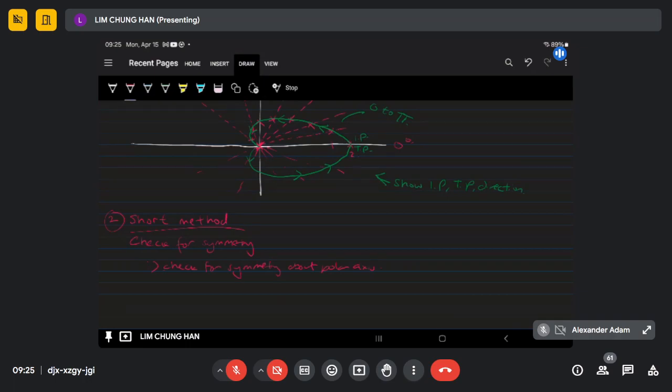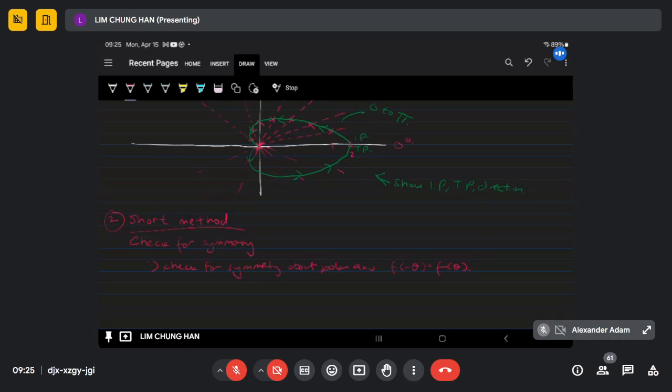This is where you check that negative theta is equal to positive theta.